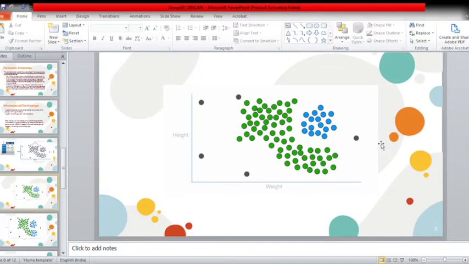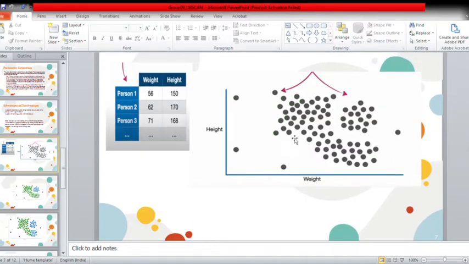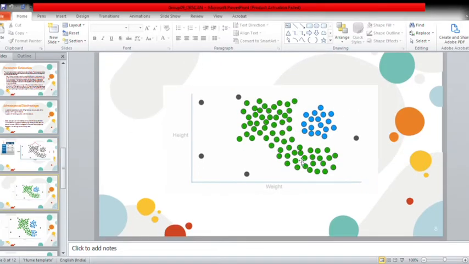However, because these clusters are nested, meaning the green cluster wraps around the blue cluster, a relatively standard clustering method like k-means clustering might have difficulty identifying these two clusters.